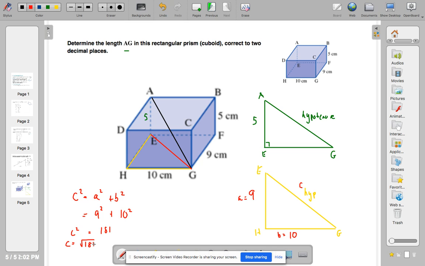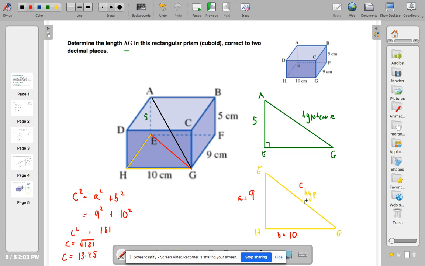Calculator out here. So 181, and the square root is 13.45. So C is 13.45.